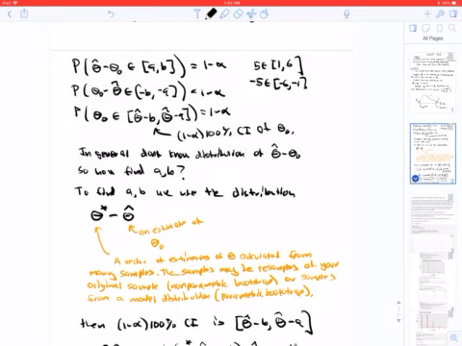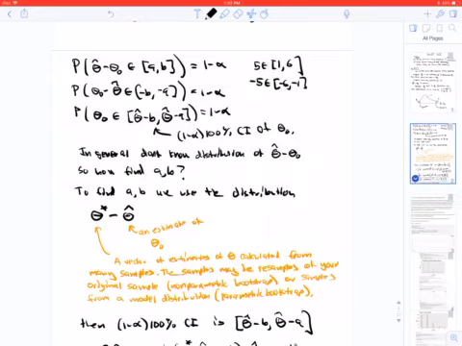So this is going to give you basically a vector of numbers. So you can make that histogram and find the quantiles that you need.